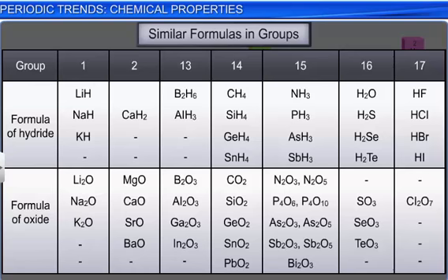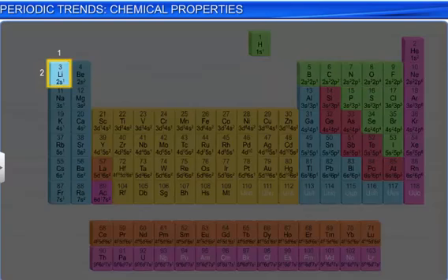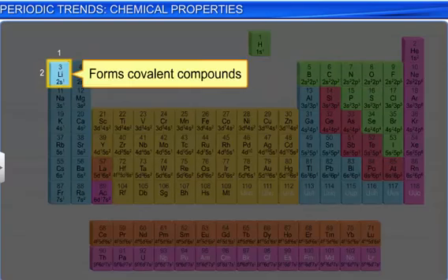However, the elements in the second period do not share many periodic trends with their other group members. These elements include lithium in group 1, beryllium in group 2, and boron to fluorine in groups 13 to 17. Lithium in group 1 forms covalent compounds, unlike other alkali metals that primarily form ionic compounds.